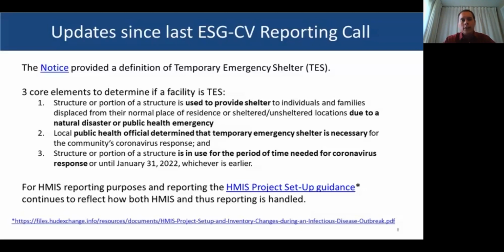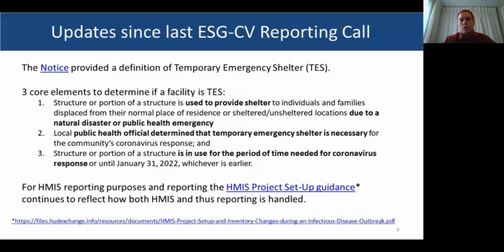The third criteria: the structure, again, whole or part, is actually in use during the time period to address coronavirus. So this is similar to number 1. Number 1 is the purpose, to address the public health emergency. And number 3 is to say you actually used it for that purpose, and you used it in the time frame that's allowable for your funding stream.